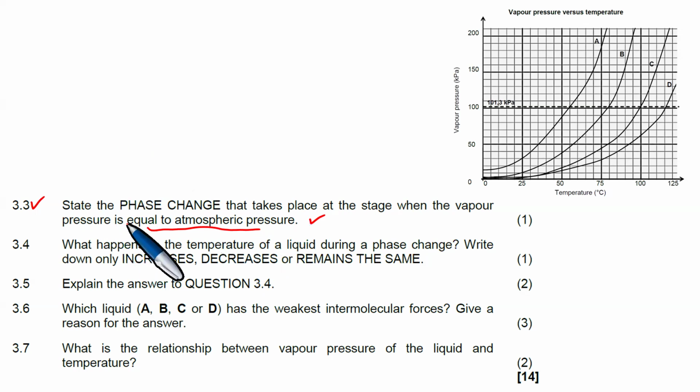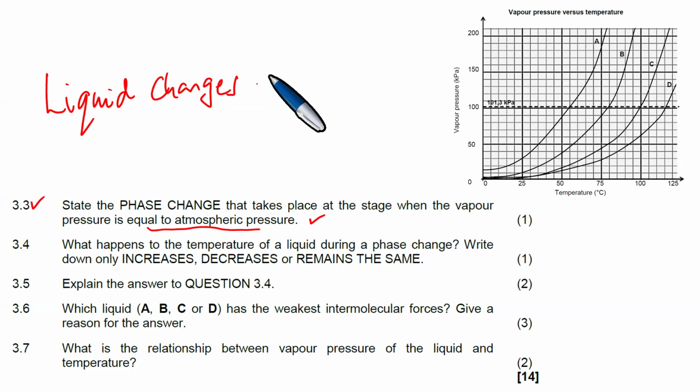With water, when vapor pressure is equal to atmospheric pressure, what is the state change that occurs there in 3.3? We know that in the case of water, when water starts boiling, liquid changes to gas.